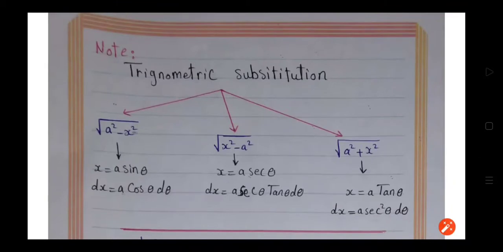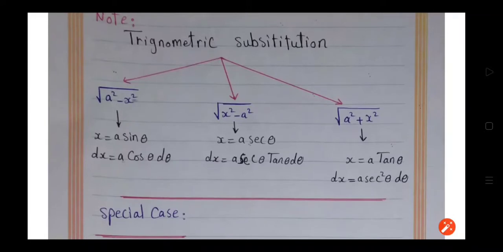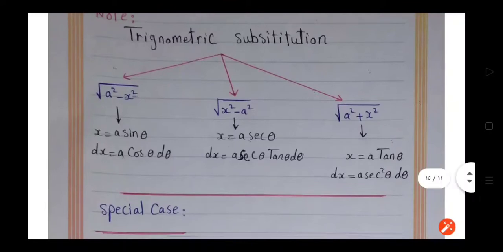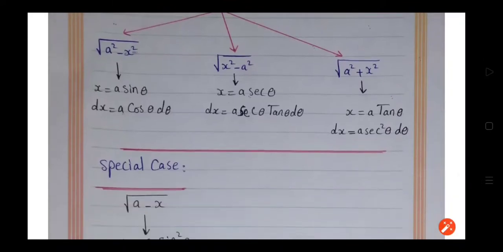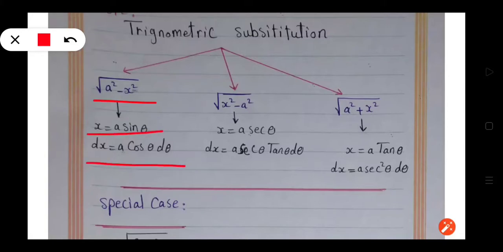Notice that in trigonometric substitution we have 3 roots. If we find any one of them, we can write down its substitution. If we have root a squared minus x squared, we can write down x equals a sine theta and dx equals a cosine theta d theta.